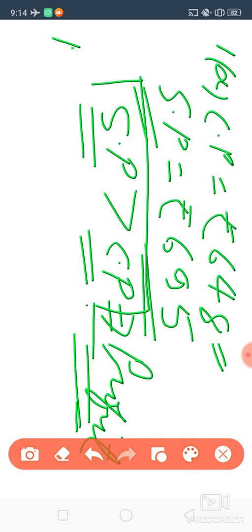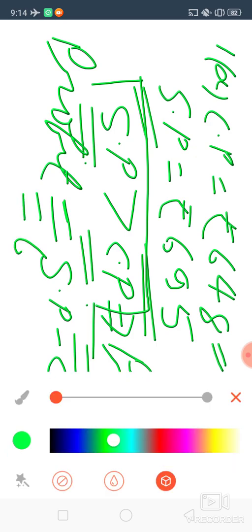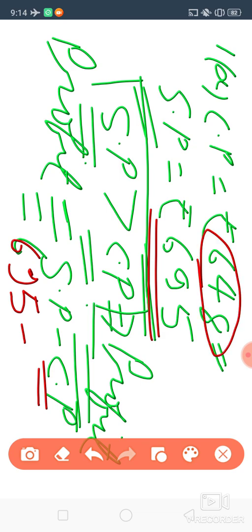Now how much profit are you getting? You are selling for more money, so you are in profit. But how much profit? Profit is equal to SP minus CP. What is your SP? 695. And your CP is 648. So we write here 695 minus 648.